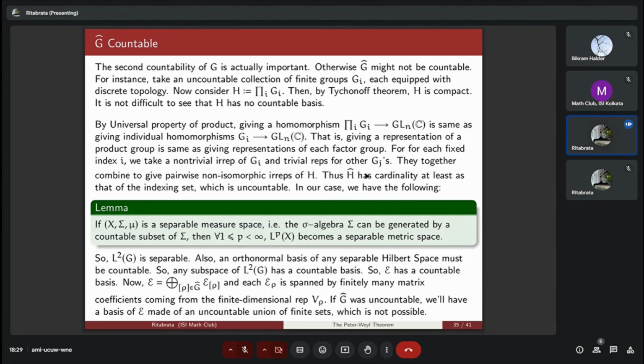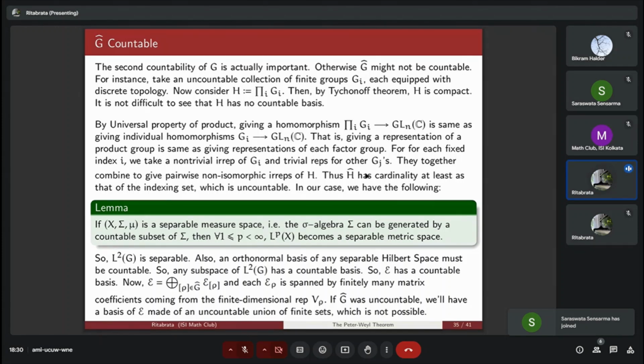Now eta is the direct sum of the eta rho, that's how we defined eta. Each eta rho is spanned by finitely many matrix coefficients coming from the finite dimensional representation V rho, where rho varies over equivalence classes of irreducible representations. If V rho has dimension d rho, then each group element g is represented by a d rho cross d rho matrix.